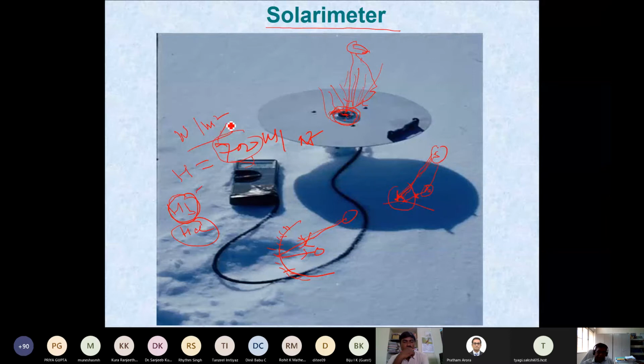I should know how much is beam and how much is diffuse. Suppose 400 is beam and the remaining 300 is diffuse. I have to design based on this. So that is the necessity that you should bifurcate and measure these solar radiations separately.